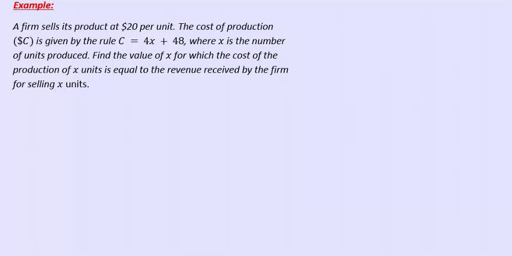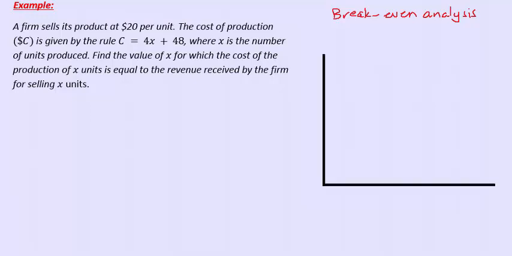This question here is asking us to do a break-even analysis, and a break-even analysis always starts with the same idea. So let's talk about what it means. We will always have some sort of a graph, representing the cost of making something and the income that the product brings in.